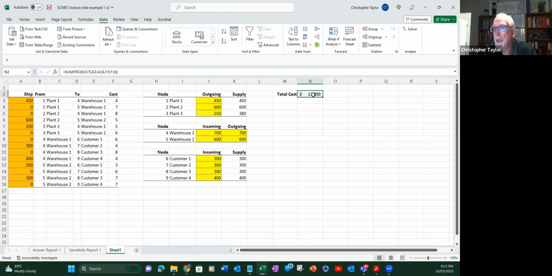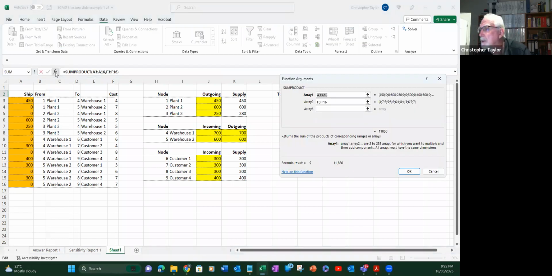Now, how to use that sum product function? There are some tips within the course notes which outline what needs to be done with the formula. But let's see what it tells us. Sum product returns the sum of the product of a corresponding range of arrays.